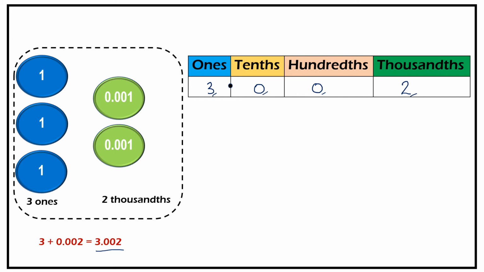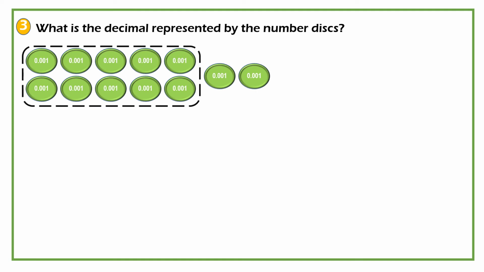And it actually means that the value of 3 ones is 3, and the value of 2 thousandths is 0.002.